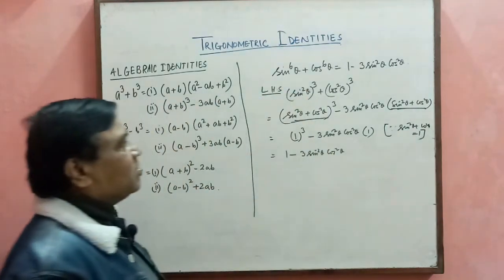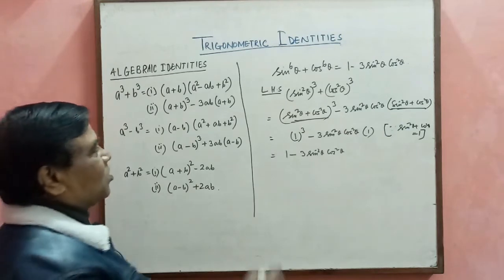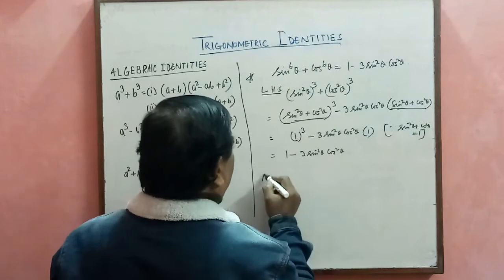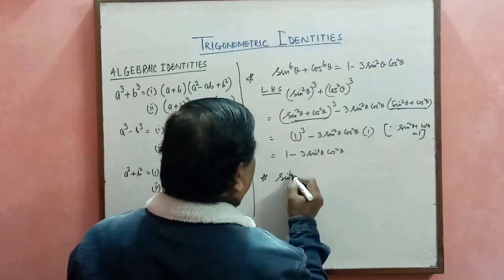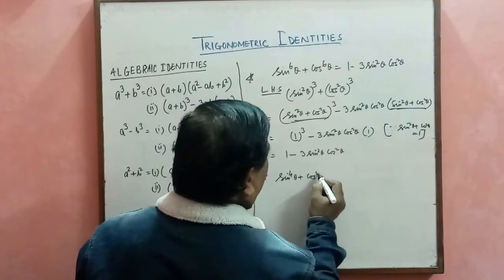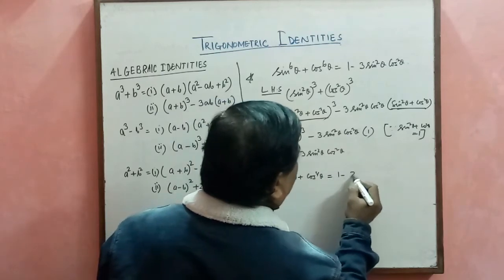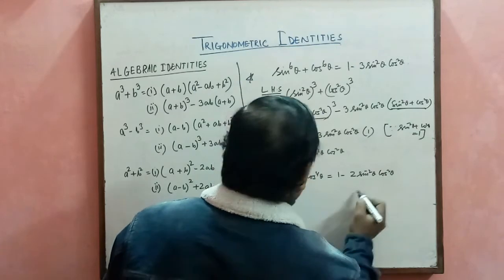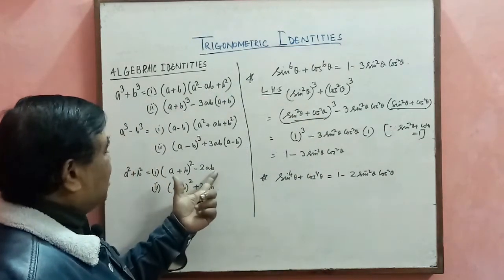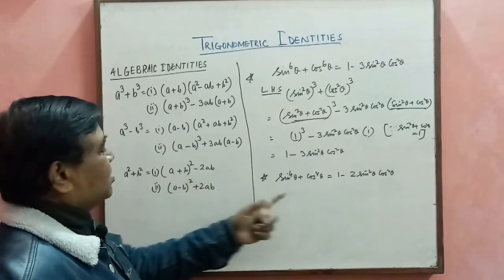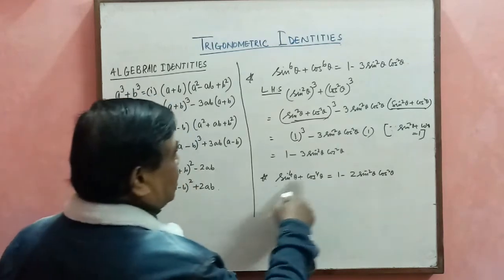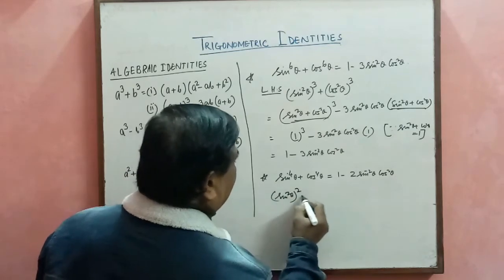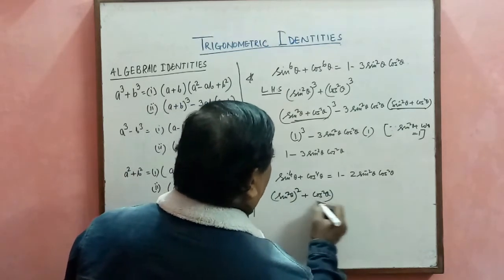This way, number 1, or we may face it this way also, like sin 4 theta plus cos 4 theta is equal to 1 minus 2 sin square theta cos square theta. This gives the indication of this identity because we have already changed into squares. So this is nothing but (sin square theta) whole square plus (cos square theta) whole square.